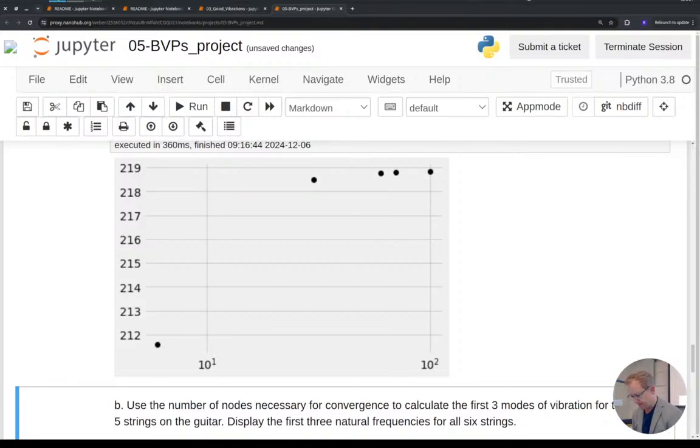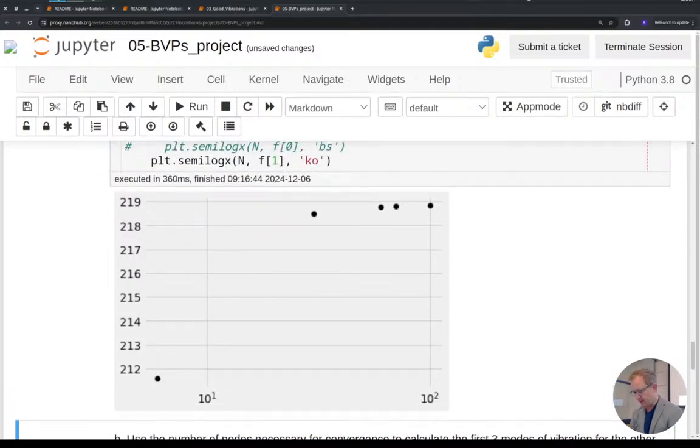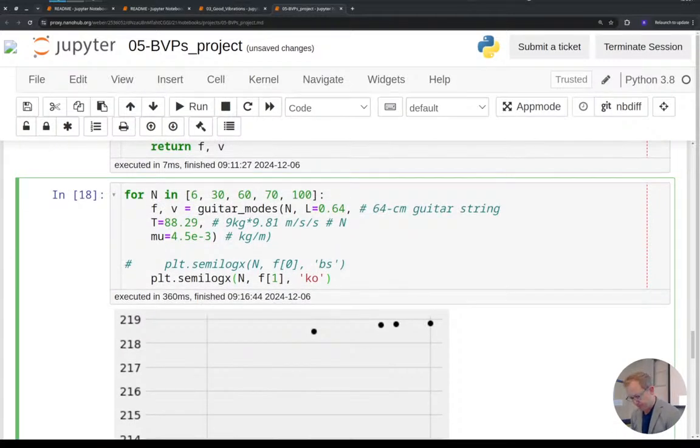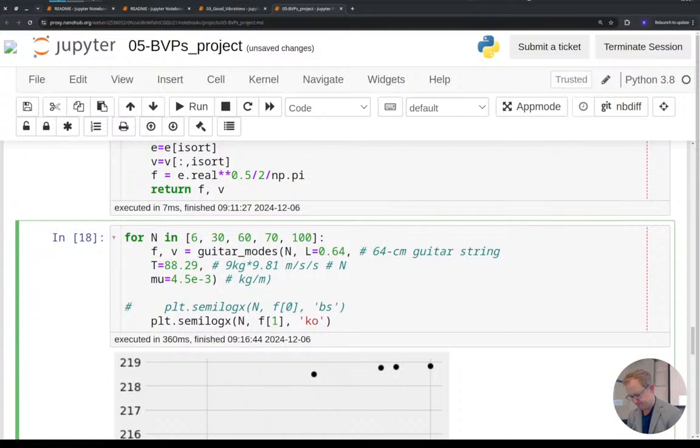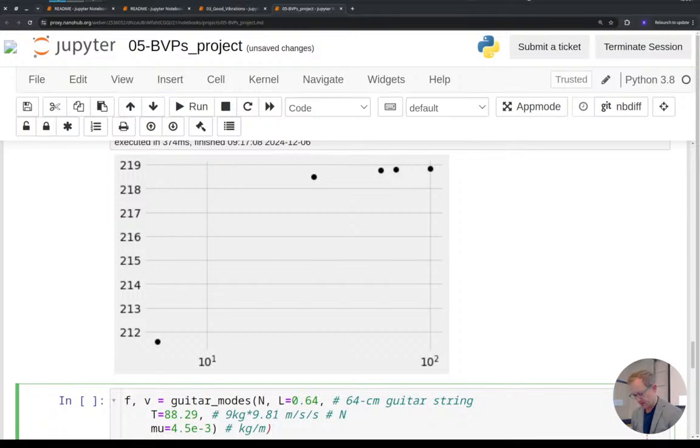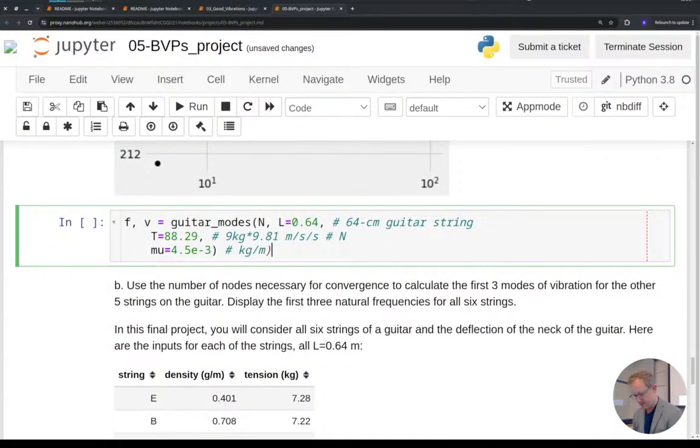Same thing, by the time you get to 100, more than enough even for mode 2. So we should see the same kind of effect on the eigenvectors as well. So like on these mode shapes.